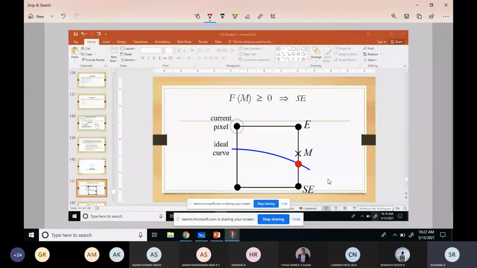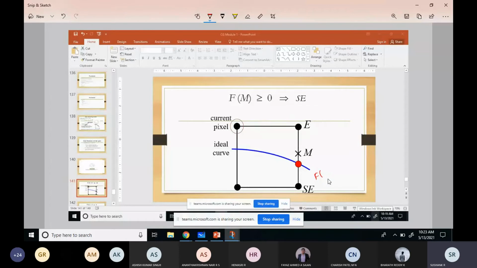If I am choosing SC, the function will be xk plus 1, and first we should know the decision factor.